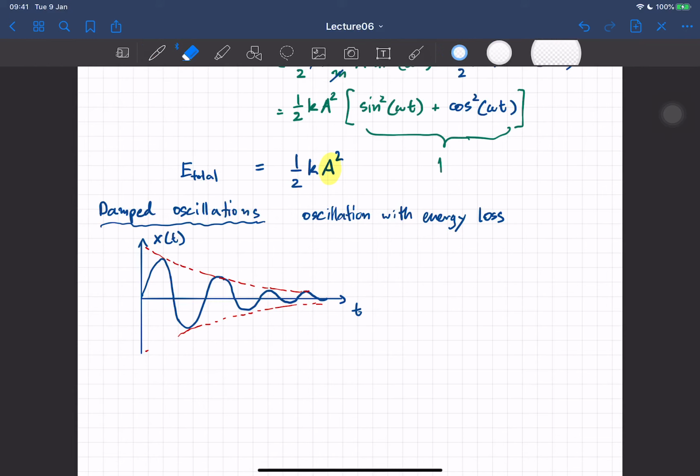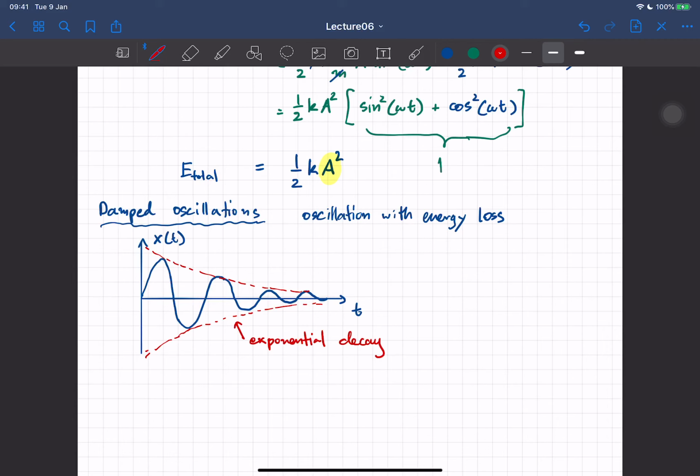And usually this dashed line is given by an exponential decay function, which indicates that the mass, in case we are talking about mass and spring, loses energy over time, and it's going down exponentially like this.